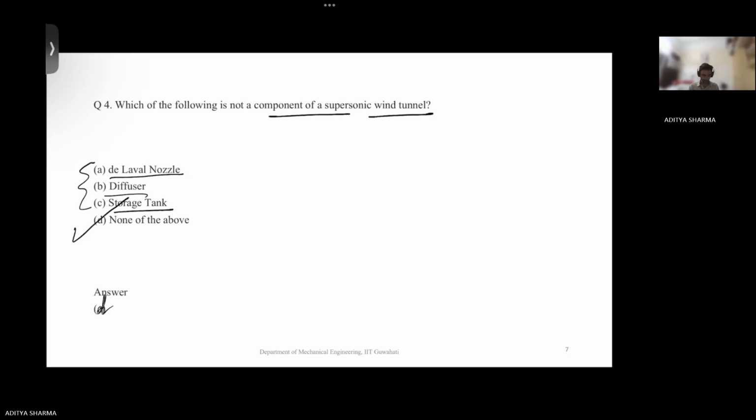All right. Question number 4. Then question number 5. Question number 5 says that the power requirement in aerodynamic tests increases as square of velocity.